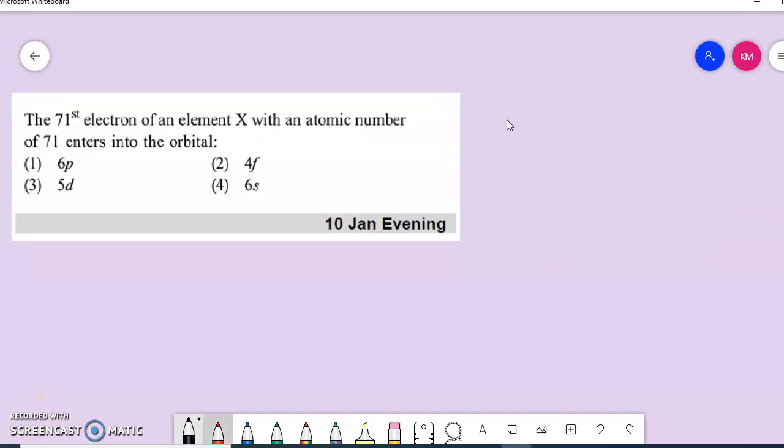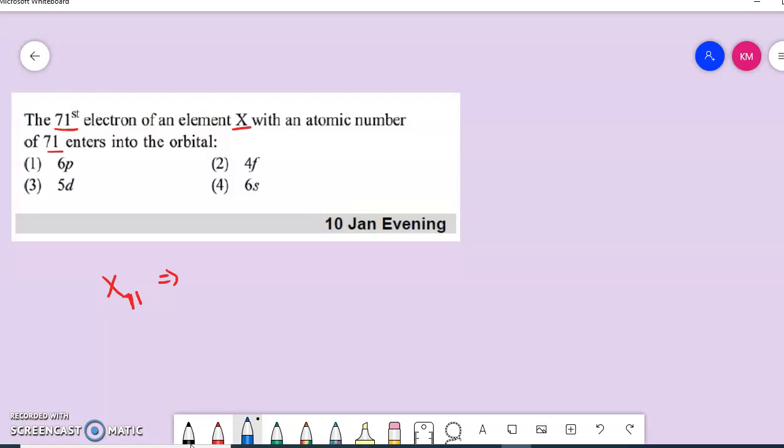Yeah, here is the question. The question is: the 71st electron of an element X with atomic number 71, the last electron enters into... Obviously, you should know the electronic configuration.